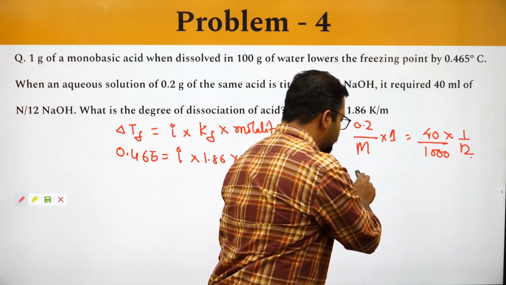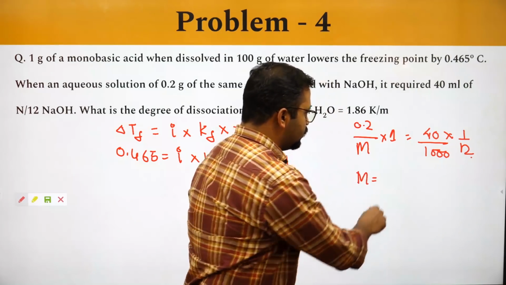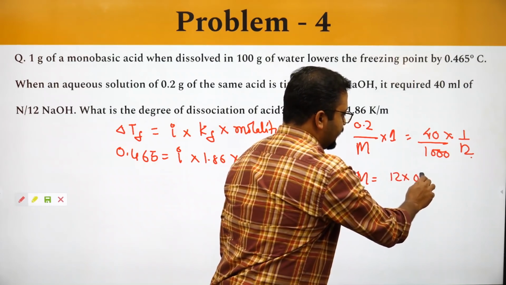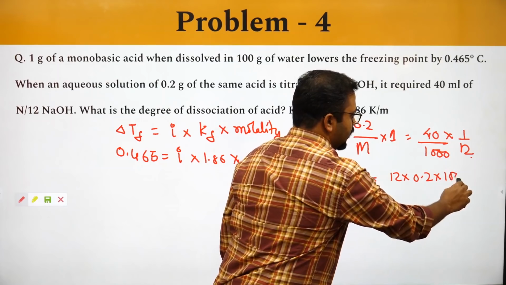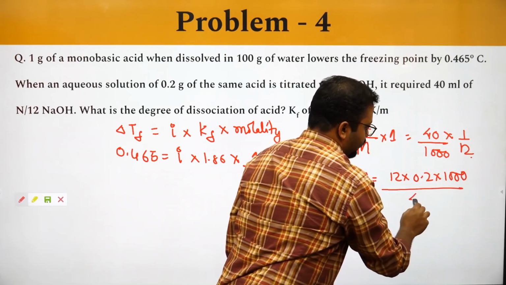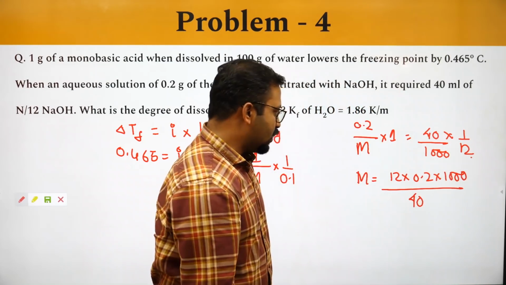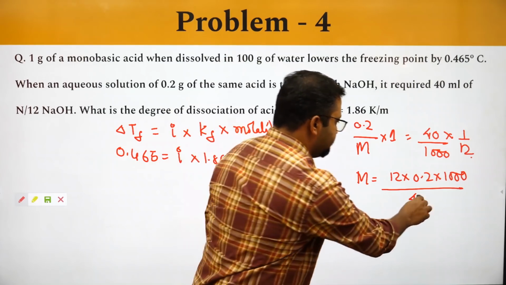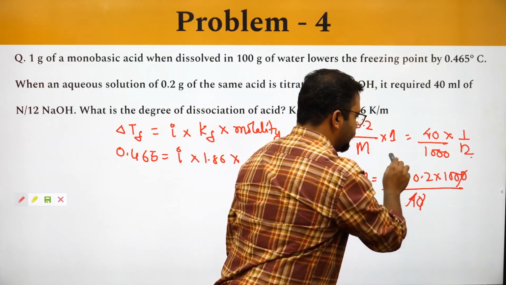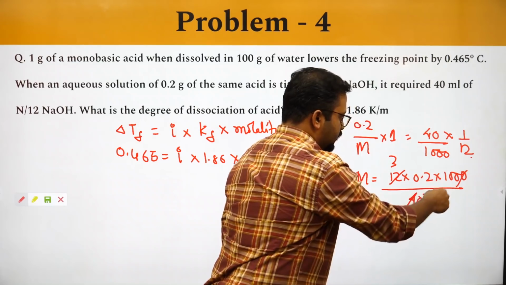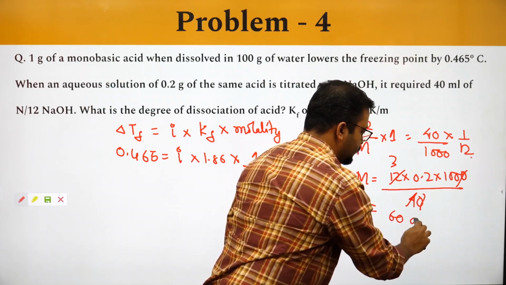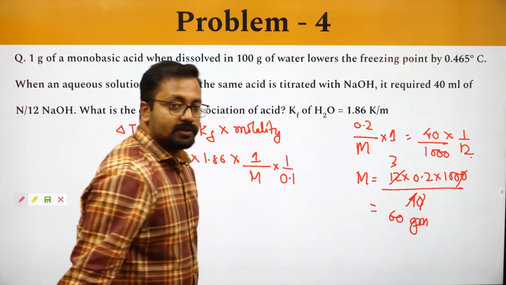If I try to solve, M will be equal to 12 times 0.2 times 1000 by 40, which turns out to be 60 grams.